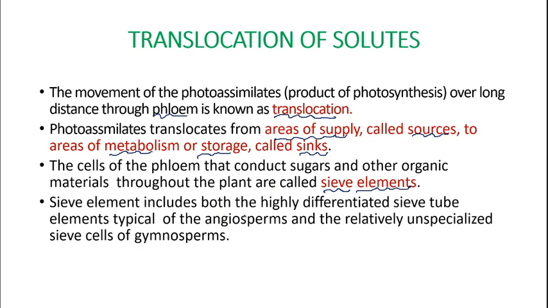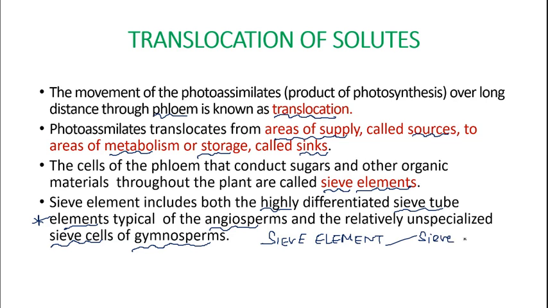Now sieve elements include highly differentiated sieve tube elements typical of angiosperms and unspecialized sieve cells of gymnosperms. Very important. So sieve elements include sieve tube elements and sieve cells.